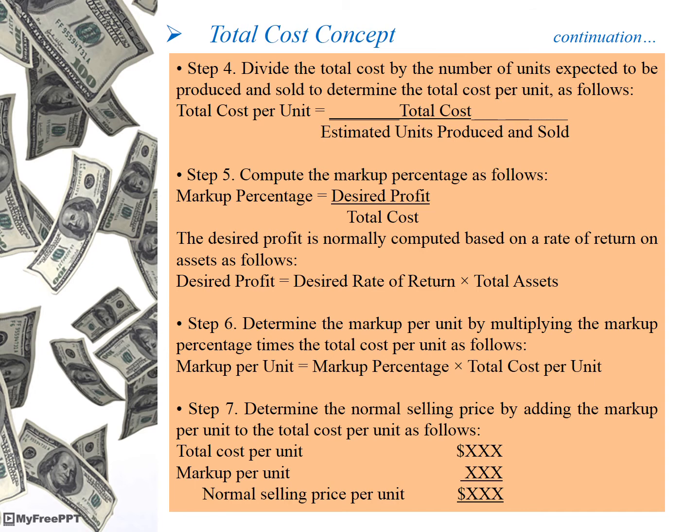Determine the markup per unit by multiplying the markup percentage times the total cost per unit, or markup per unit is equal to markup percentage times total cost per unit. Step 7. Determine the normal selling price by adding the markup per unit to the total cost per unit, or total cost per unit plus markup per unit is equal to normal selling price per unit.